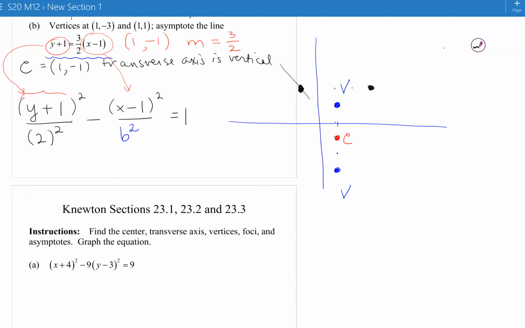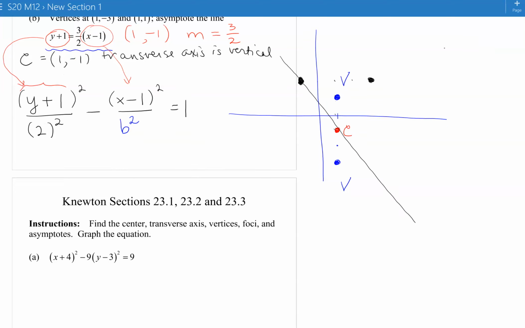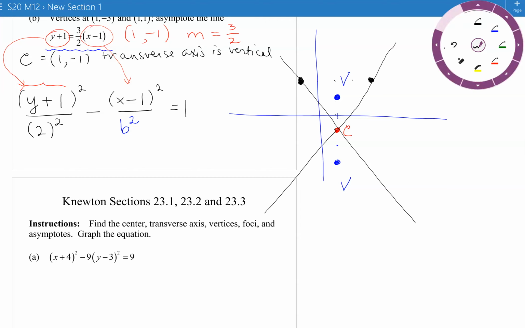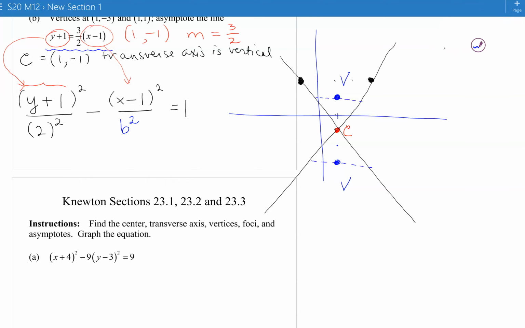So now we can draw these asymptotes. But the box that we're interested in has to go through these vertices. And then they have to touch the box at the corners. Ideally, your box would look better than mine.